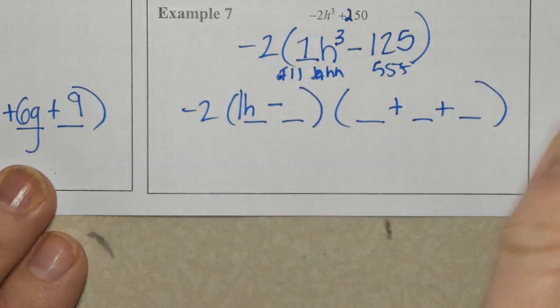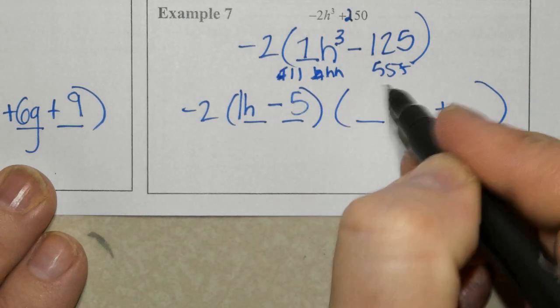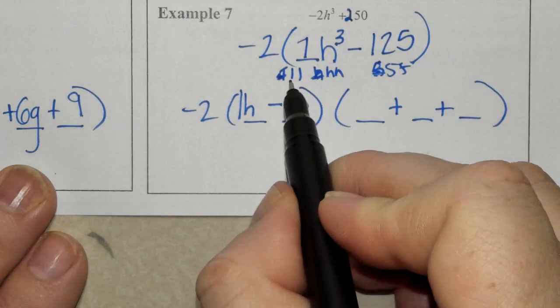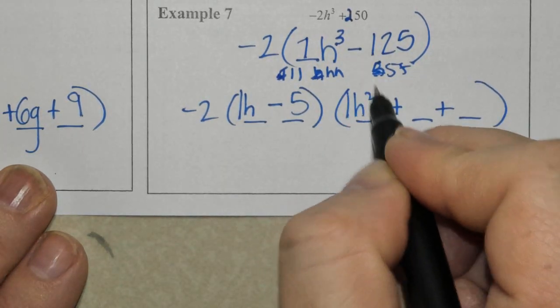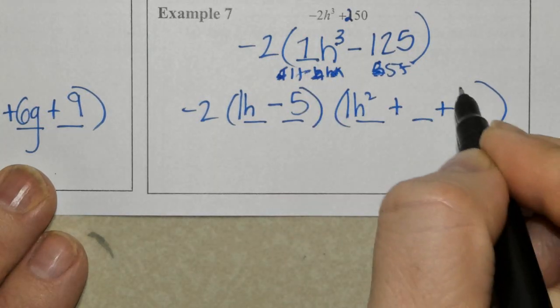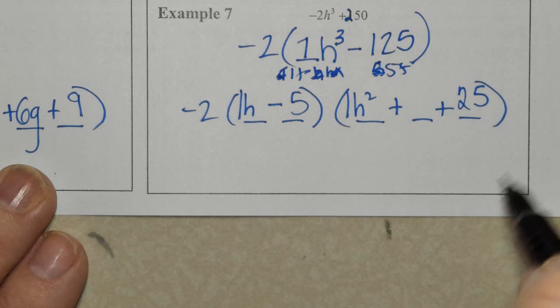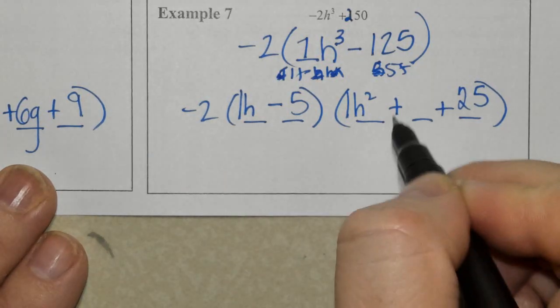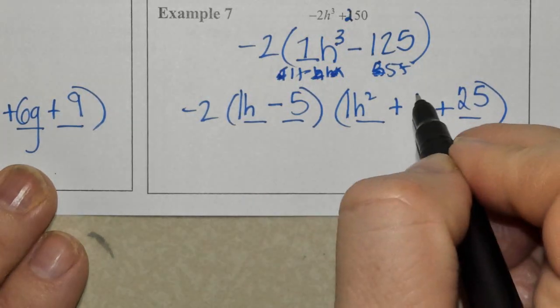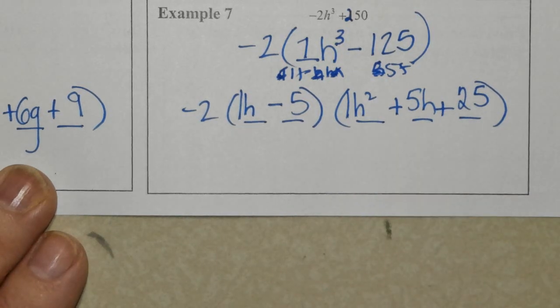Comes from the front and stays in the front, and a 5 in the back. 1 times 1 is 1, with an H squared in front. 5 times 5 is 25. The middle term, forget about positives and negatives. 1H times 5 is 5H. Please make sure to star or circle, and then we'll move on to the next.